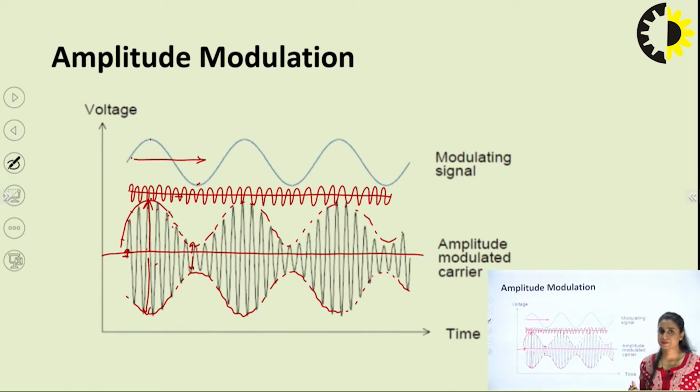What does it mean? See, the primary reason for doing modulation was to enable my signal to travel long distance, right? But as I cannot alter the actual message signal, if I change the actual frequency of my message signal, the essence of the message will be lost. So what do I do? I make it board on a carrier. Physically it doesn't board the carrier. We give two inputs to a modulator box, and what we get in output is a modulated wave.